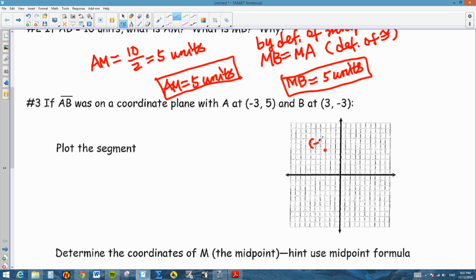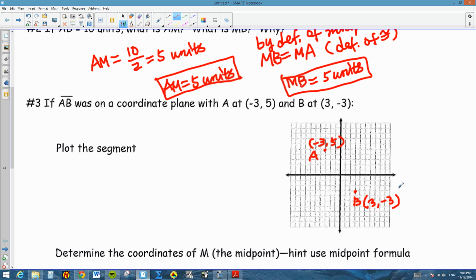That is (-3, 5), which is my point A. And point B is at (3, -3), which is my point B.